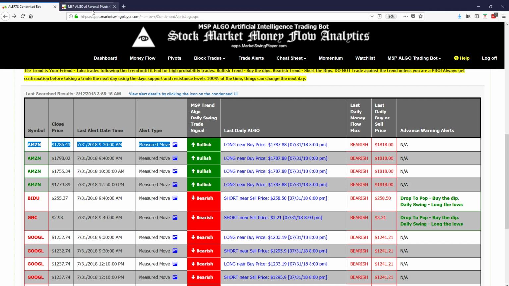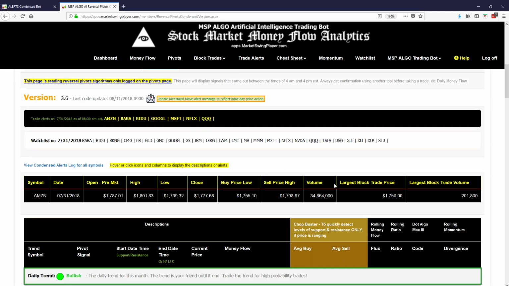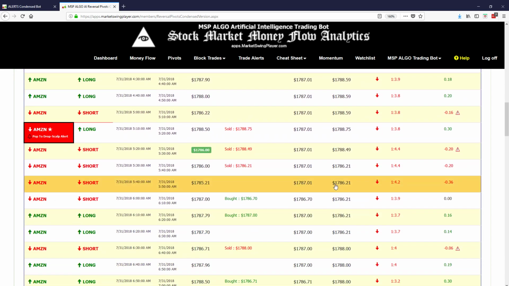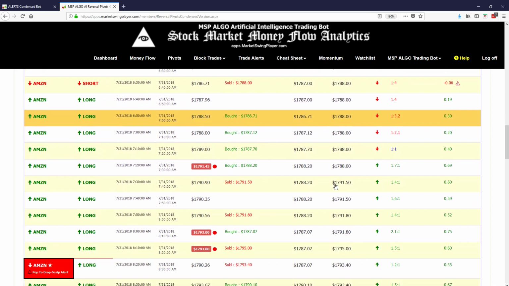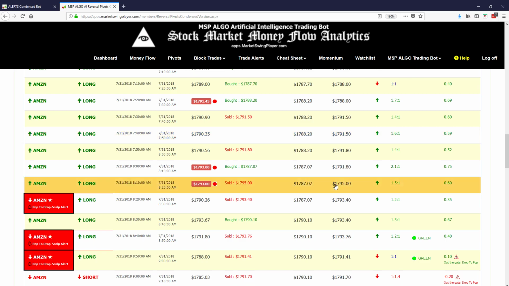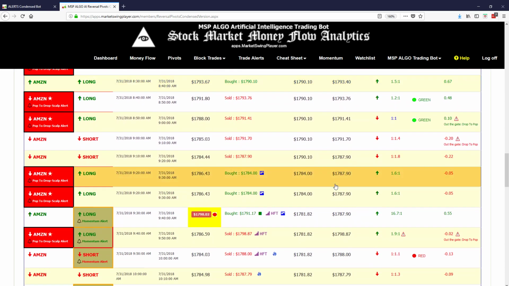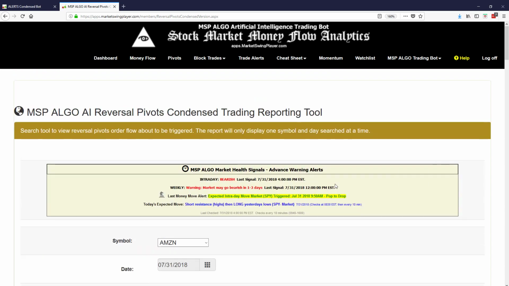So here's the log, and here's the application. As the day is going on, this is pre-market. We're going to go closer to when the market's open. This is the 10-minute.